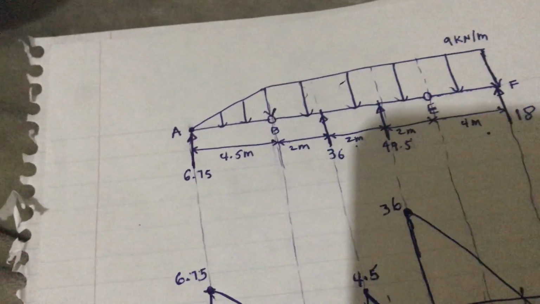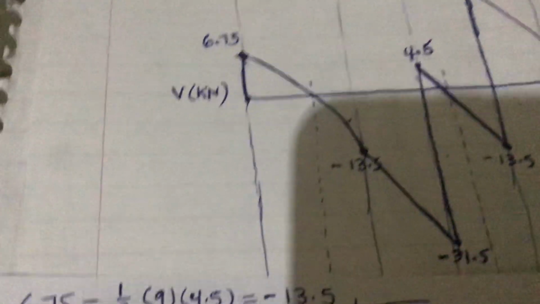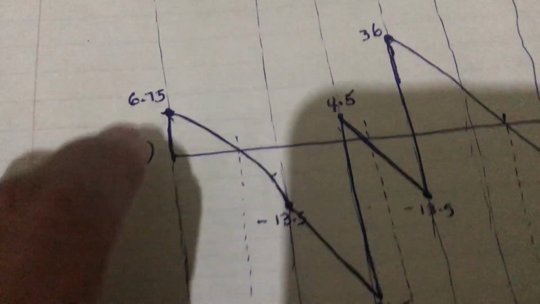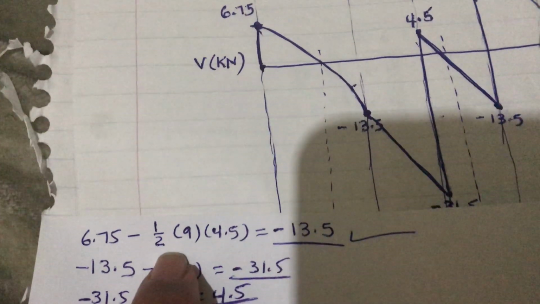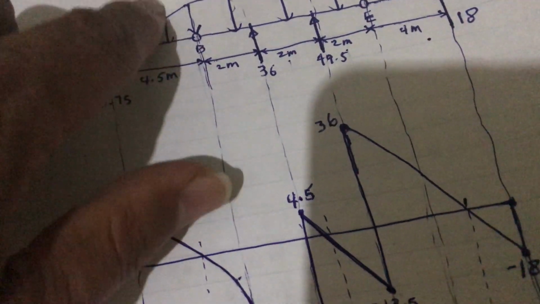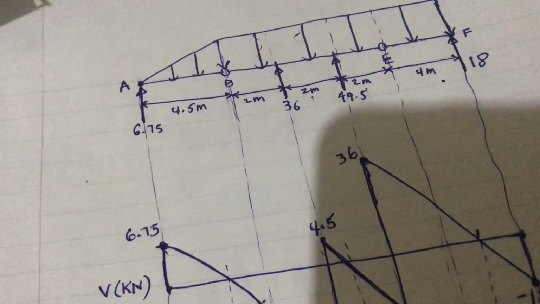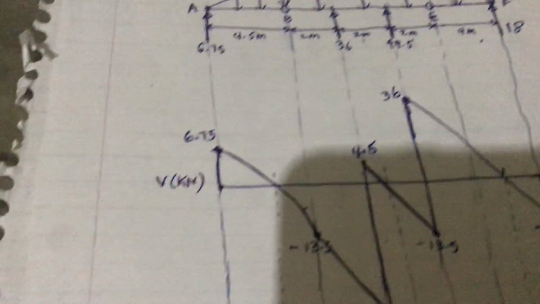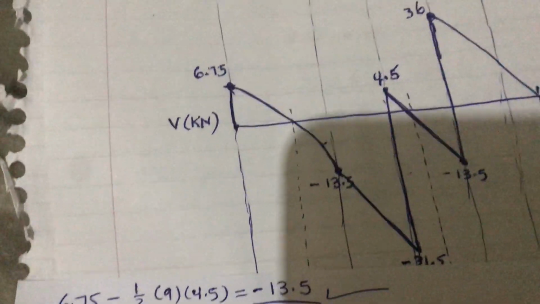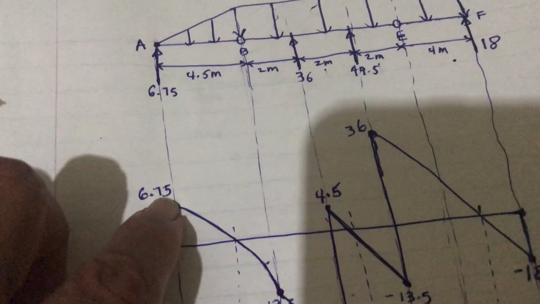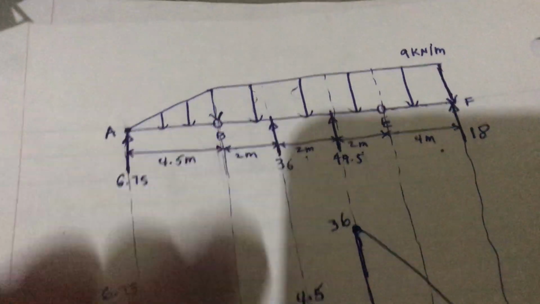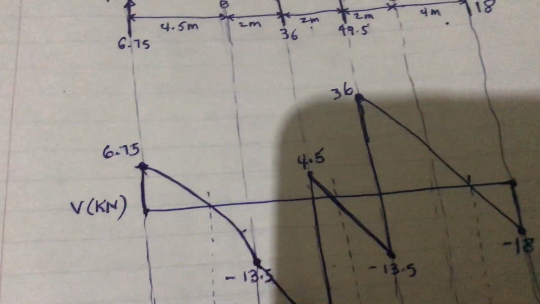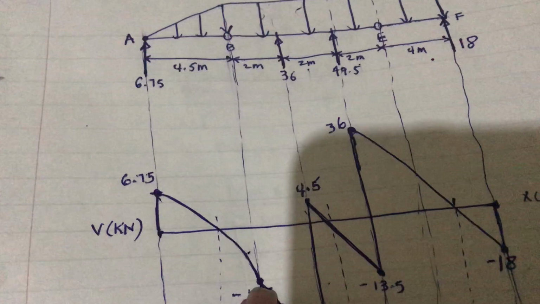So we could do it like this: 6.75 in the plus, and this is going down, so minus 1/2 times 9 times 4.5, which is the equivalent force in this triangle. That's going to give you minus 13.5, which means that it's going to go all the way from here to minus 13.5. And this is going to be concave down because this is linear. So you are at the minus 13.5.